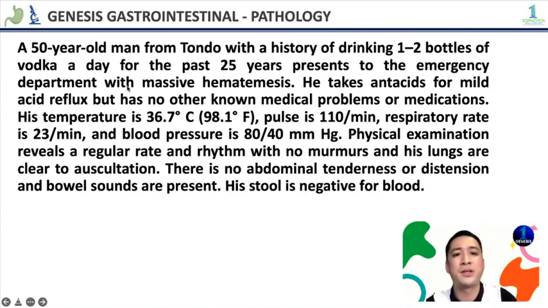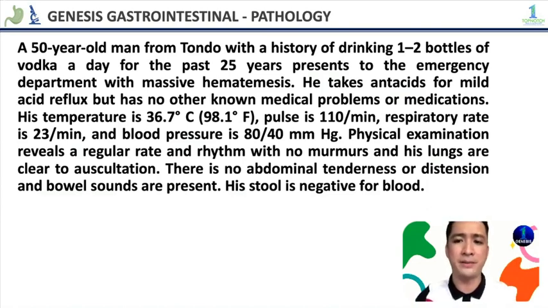Next, a 50-year-old man from Tondo with a history of drinking 1 to 2 bottles of vodka for the past 25 years, present to the ER with massive hematemesis. He took antacid for acid reflux, but has no other known medical problems or medications. Temperature, normal. Pulse rate, tachycardic, respiration rate slightly elevated, and blood pressure is dropped at 80/40 millimeter of mercury.